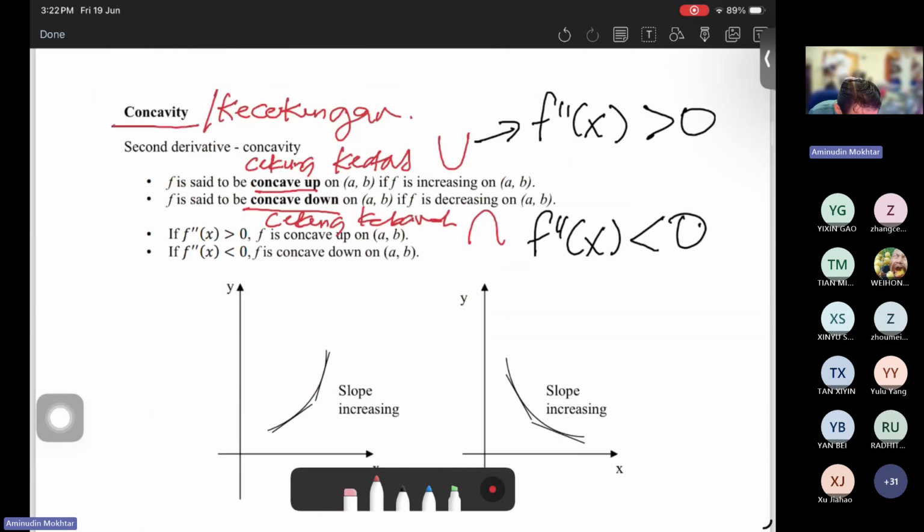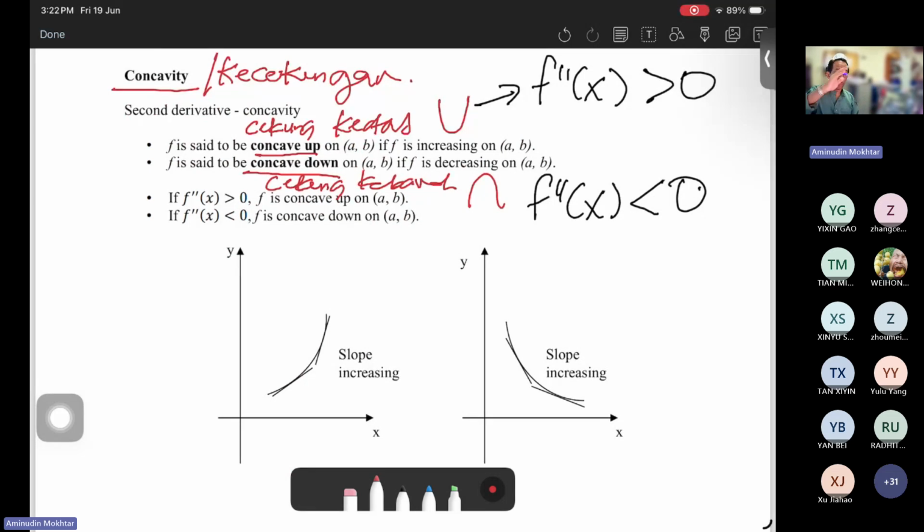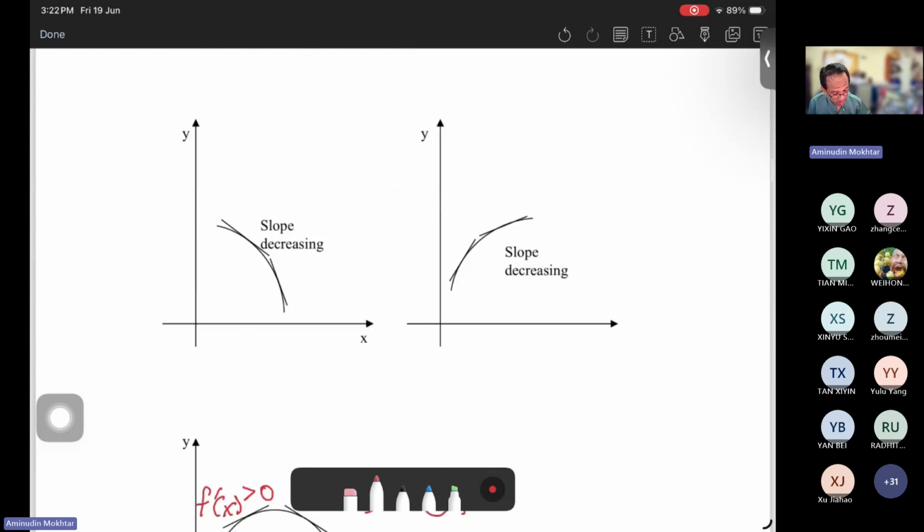If the value of the second derivative is positive, the graph is concave up. When the value of the second derivative is negative, the graph is concave down. That's how to apply the first derivative and second derivative.